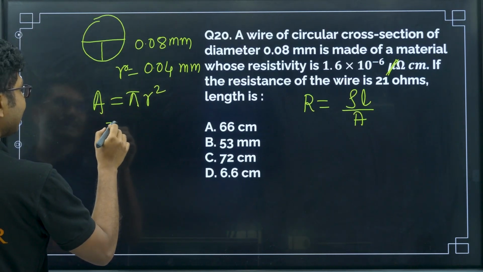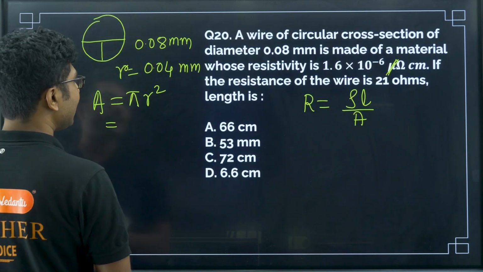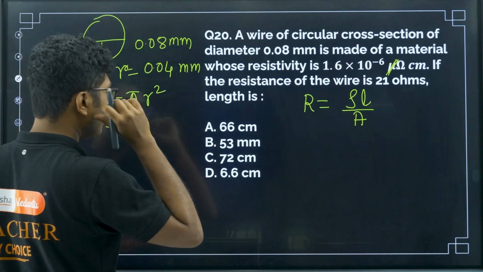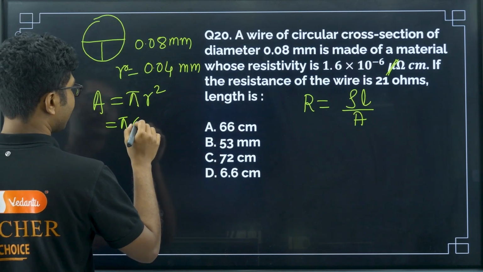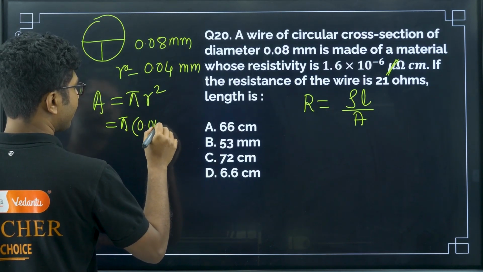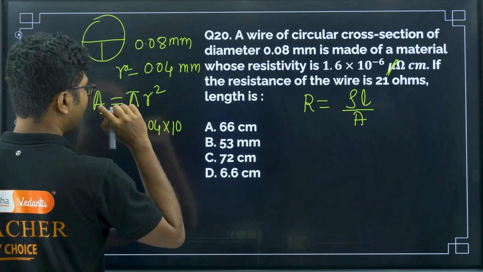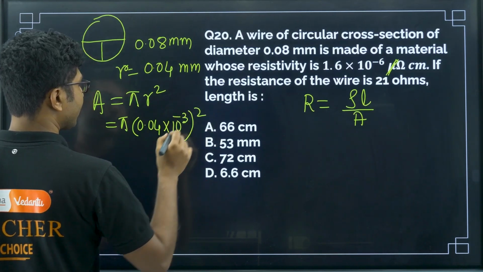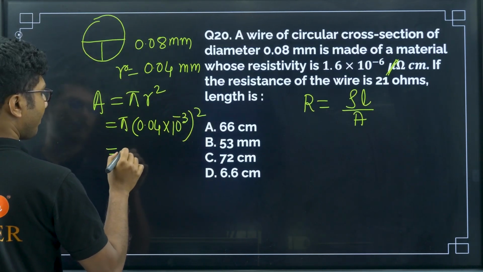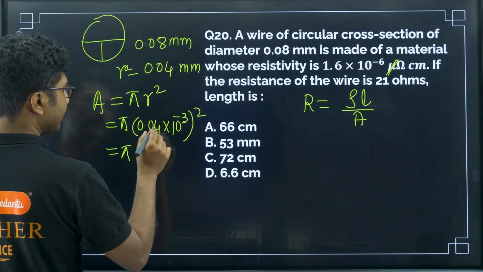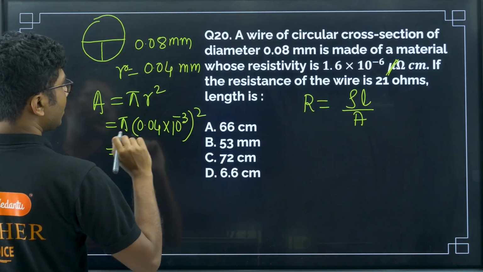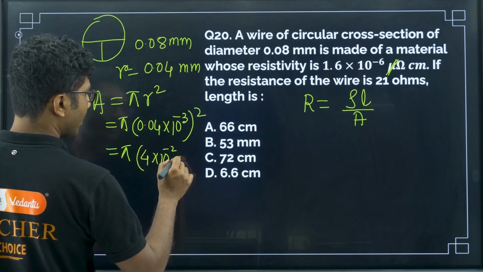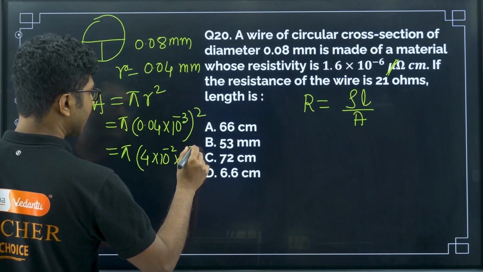Now millimeter is basically, if you convert millimeter into meters, let me convert everything into meters. Okay, later on we will see how much centimeter or meter is the answer. Okay, first we have to convert everything into meters. So pi r square, 0.04 means 4 times 10 to the power of minus 2 into 10 to the power of minus 3, whole square.